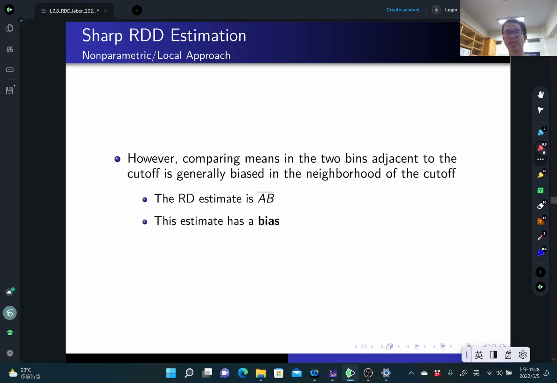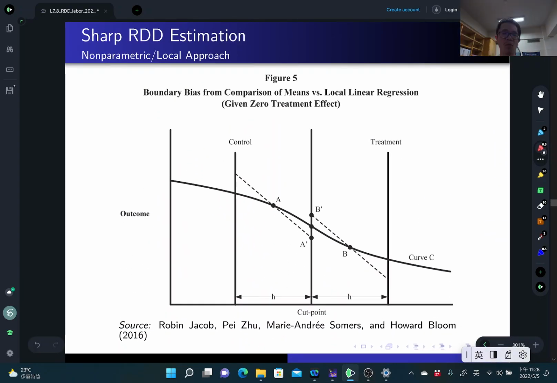Okay. So here I just give you one example. In this example, the y-axis is the outcome and the horizontal axis is the assignment variable. And here is the cutoff. From the graph, you can see there's no discontinuity. And the edge is the bandwidth. So for the non-parametric approach, we just use the data around the cutoff, the data here and the data here.